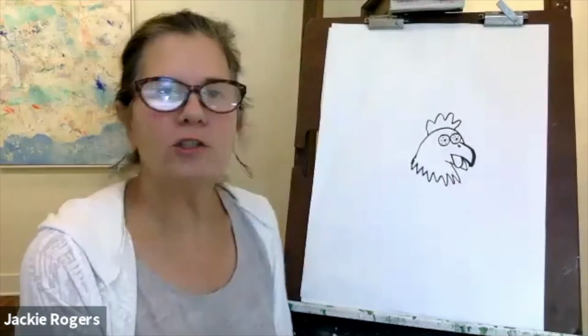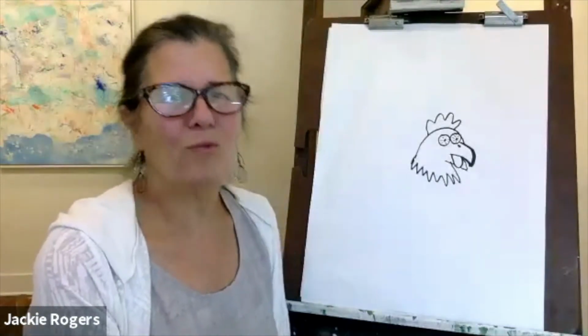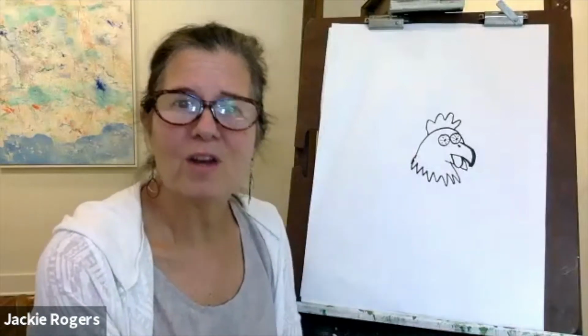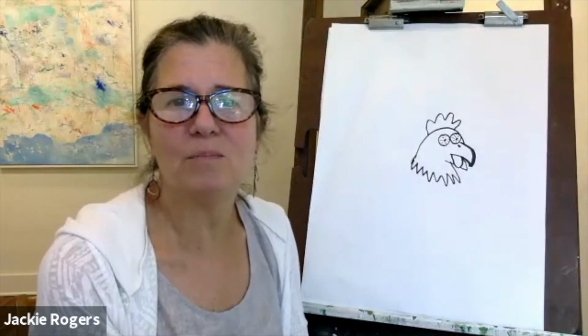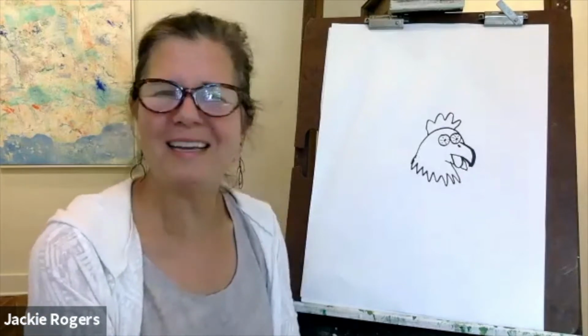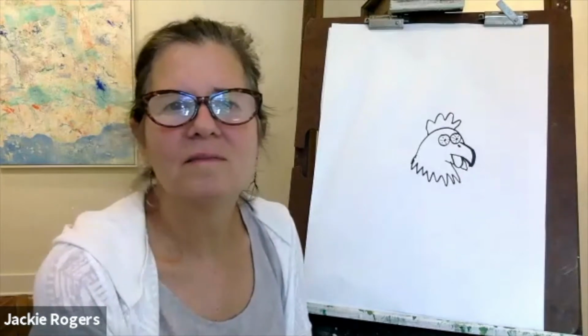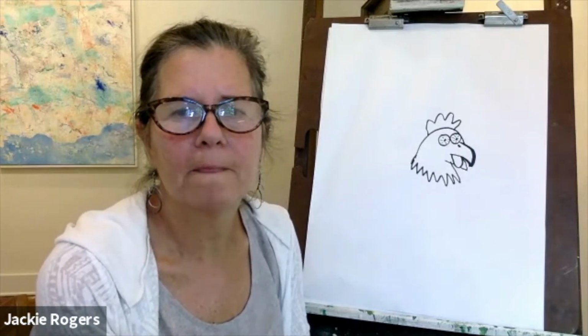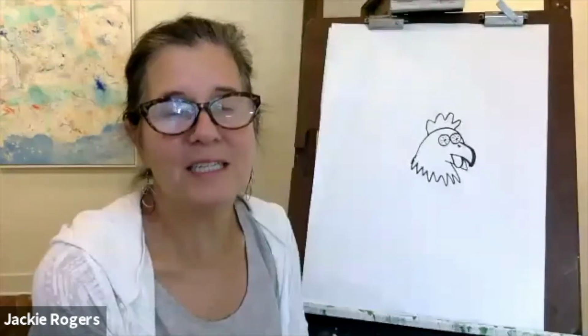Let's see, is he dressed up for Halloween, or what's going on in this zombie chicken's life? Where'd he come from? Was he gonna be somebody's breakfast, and how did he get zombified? Let's see, who has an idea? He was going to be somebody's breakfast.